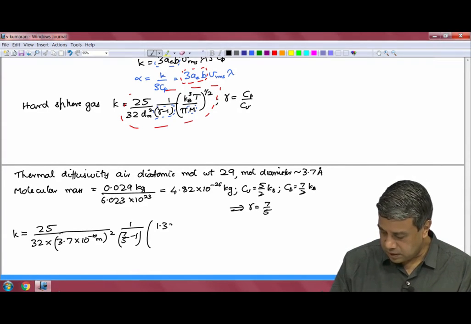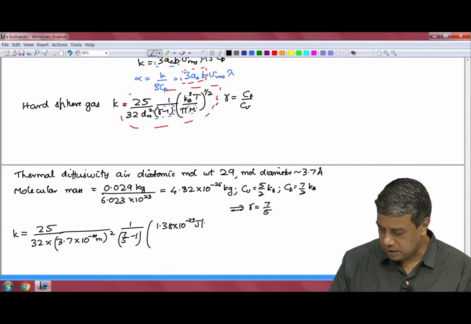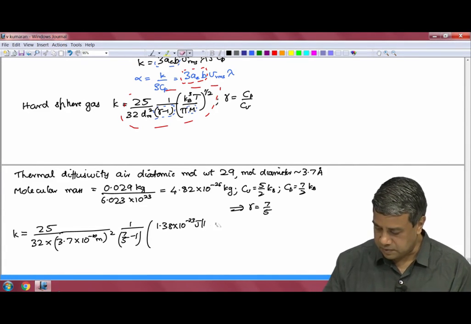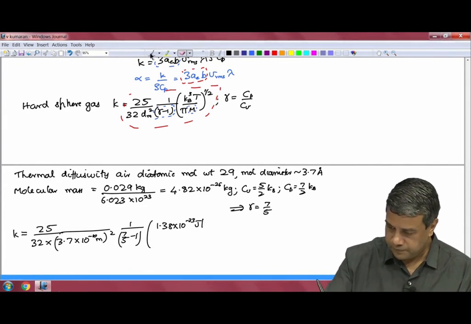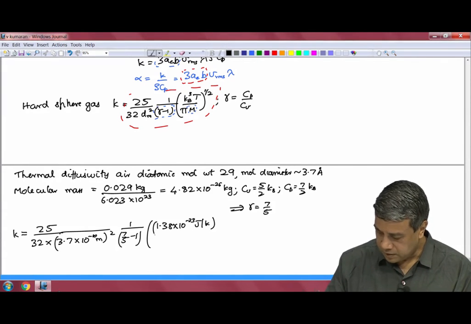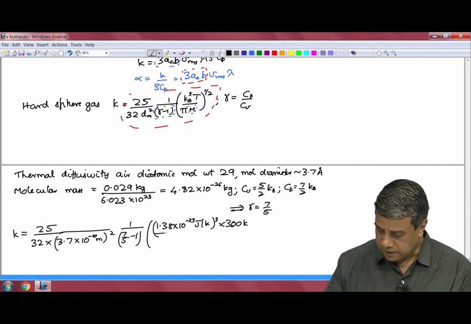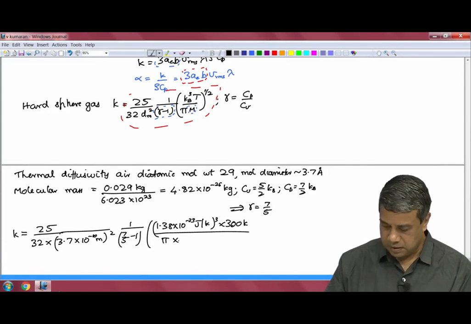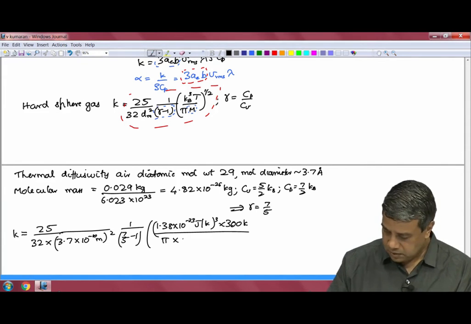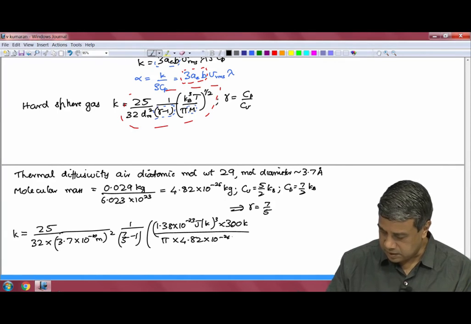So, 1.38 into 10 power minus 23 joules per Kelvin, that is the Boltzmann constant, whole cubed into 300 Kelvin, standard temperature and pressure, divided by pi into 4.82 into 10 power minus 26 kg, whole power half.